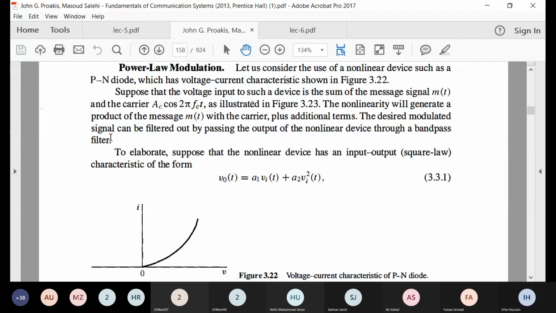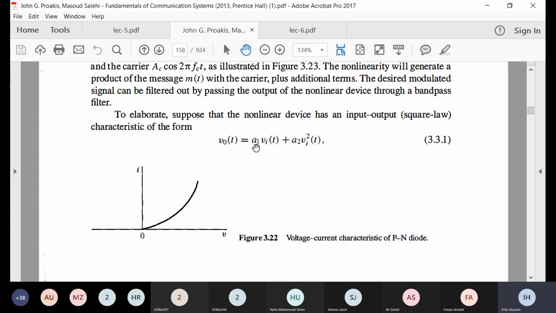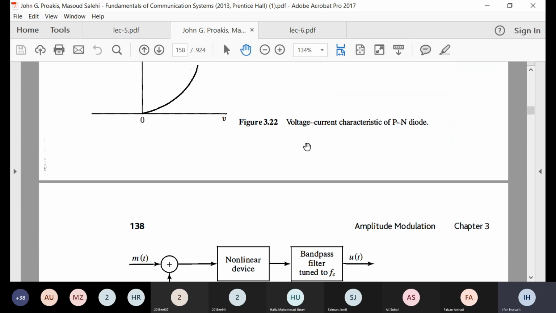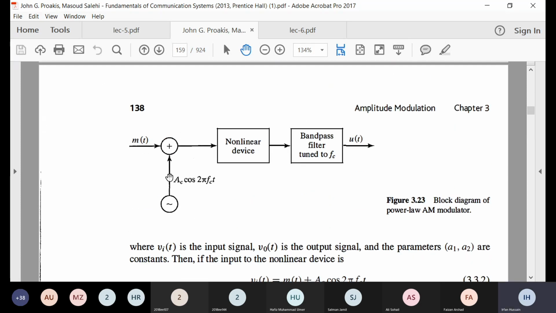For example, let us say this is the output response of my PN junction or PN diode. So I will add the baseband with the carrier, or the modulating signal with the carrier, to give the sum of the signal. This will pass through a nonlinear device.